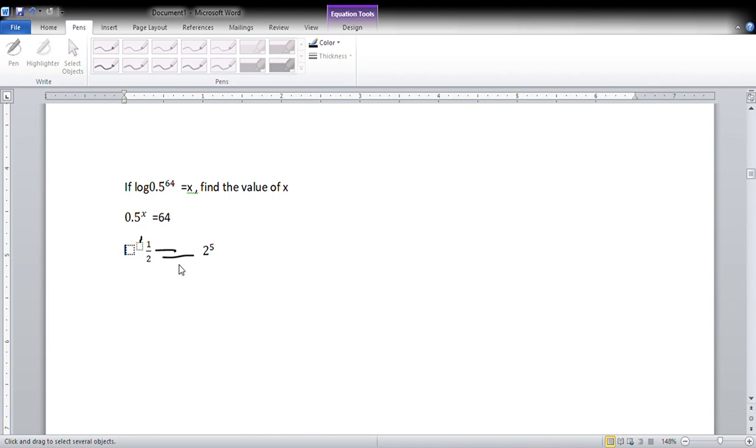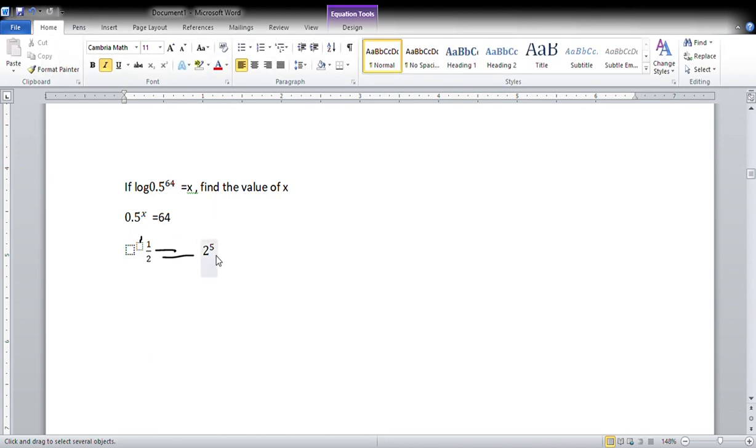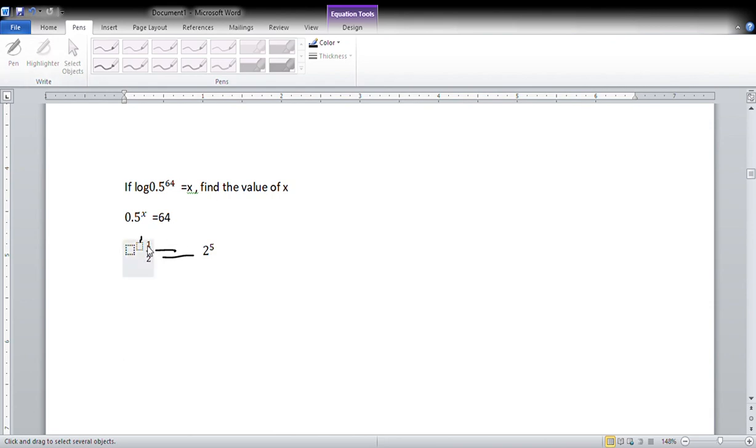So simply write it as 1 by 2, just a minute, 1 by 2 to the power x. So to connect it as 1 by 2 to the power x, to the power x, right?